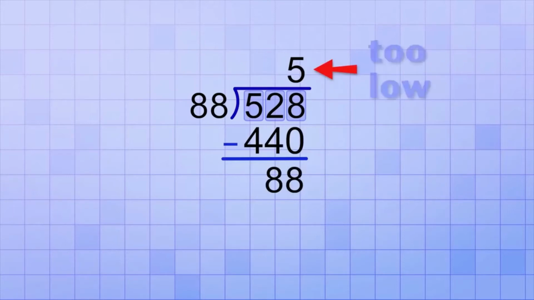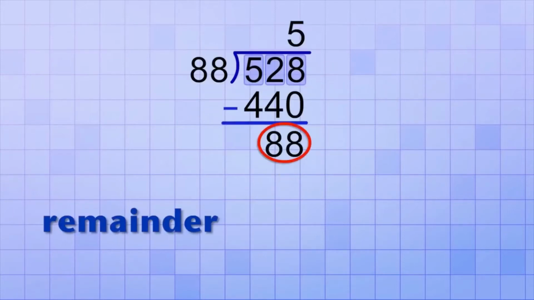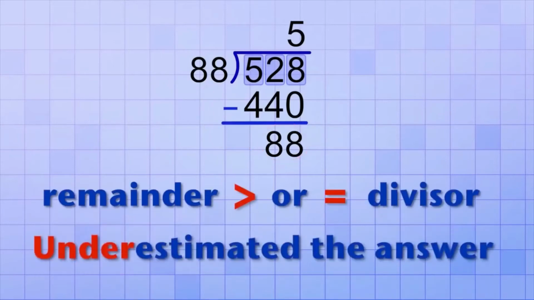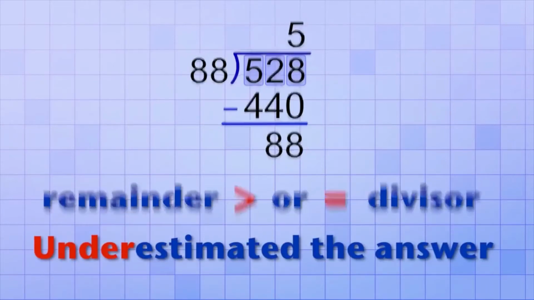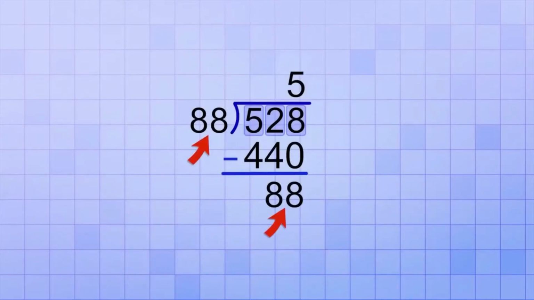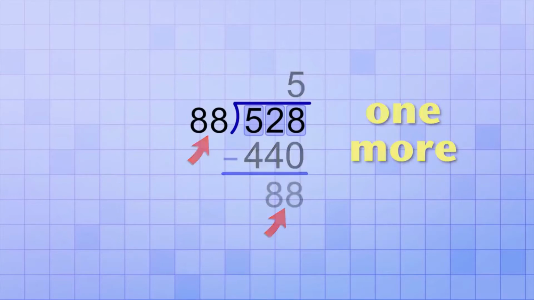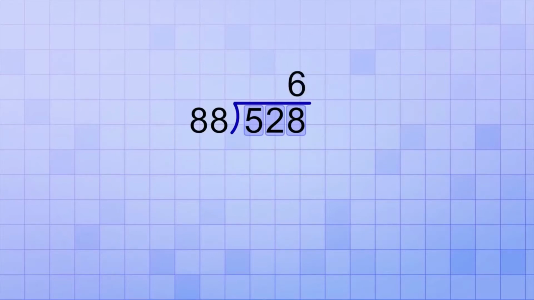Looks like our estimate was too low. Whenever the remainder is greater than or equal to the divisor, it means we underestimated the answer. In fact, since our remainder is equal to the divisor, it means we could have divided exactly 1 more 88 into 528. So we should have picked 6. And if you multiply 6 times 88, you'll see that it's 528.